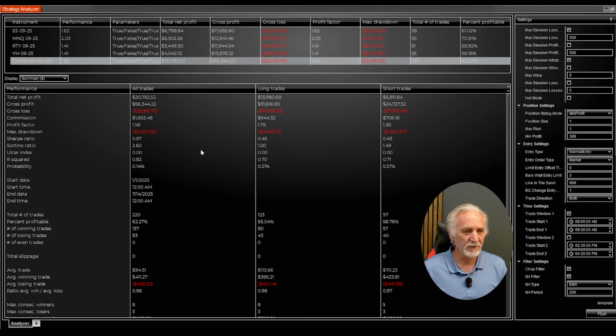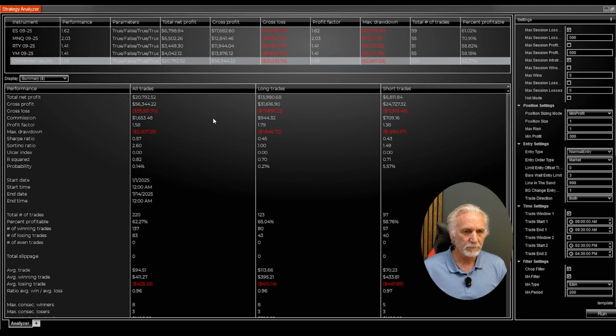What is that, a little over 3,000 a month, 3,500 a month. And you see it's really close to 1-to-1: average winning trade 411, average losing trade 428, 62%.